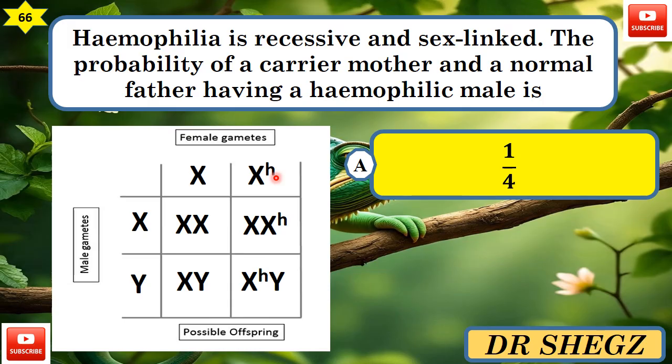So since she's a carrier, the only way we have a hemophilic male is 1/4, if that male inherits the X chromosome that contains the hemophilic gene. So it's a sex-linked trait, don't forget. So the answer is 1/4.